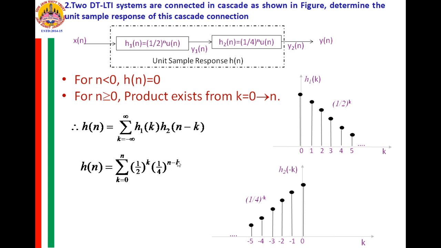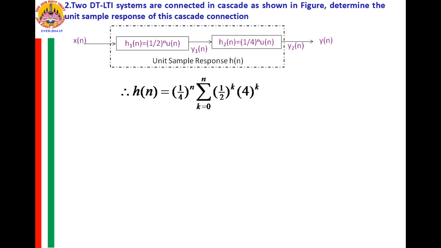Now this (1/4)^(n minus k), we take outside the summation as (1/4)^n, and you remain with k varying from 0 to n of (1/2)^k (1/4)^(minus k). (1/4)^(minus k) can be written as 4^k, and 4^k times (1/2)^k leaves 2^k here.